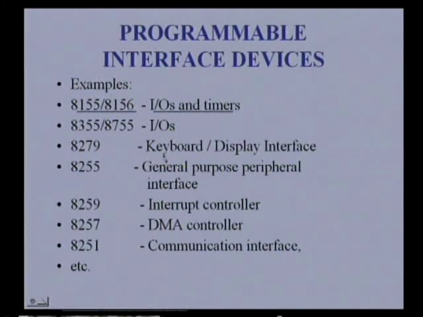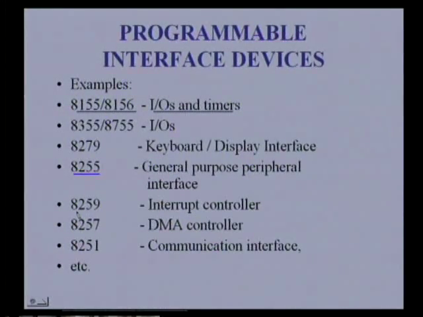Next, 8279, a popularly used keyboard display interface. By using this, we can connect a hexa keyboard and 7-segment LED displays. And the next one is 8255. This is a popular peripheral interfacing device. It is actually a general purpose programmable peripheral interfacing device, and to it we can connect as many as 3 different IO devices.